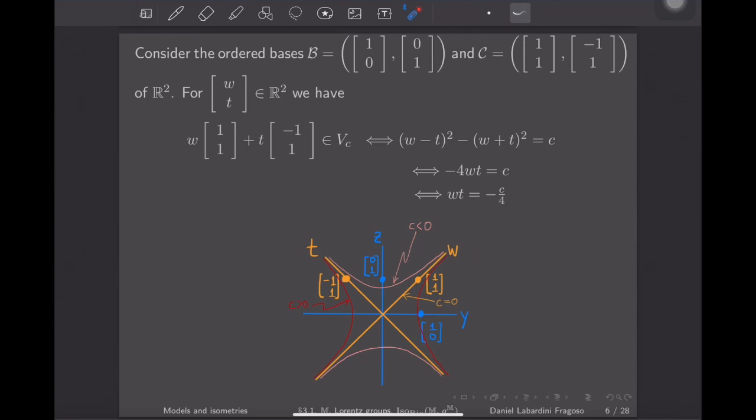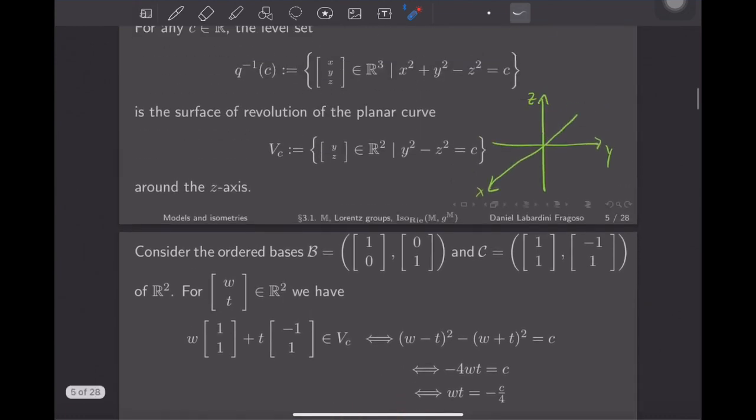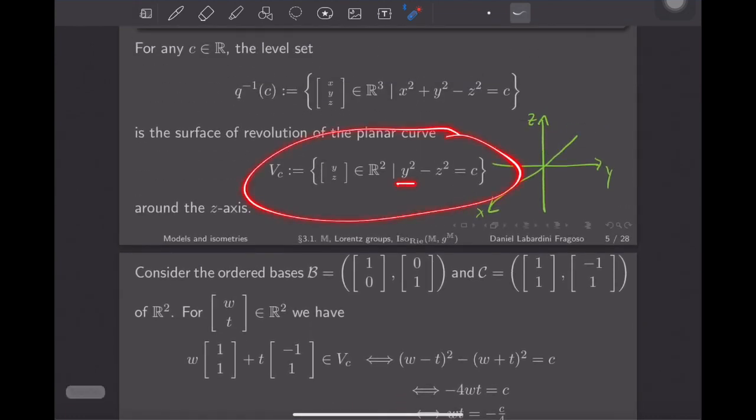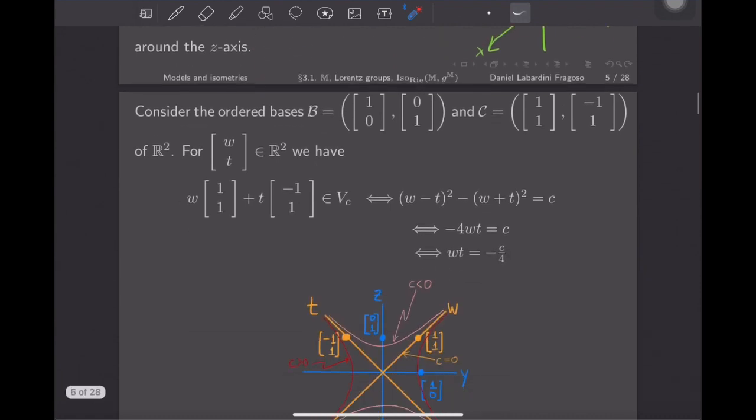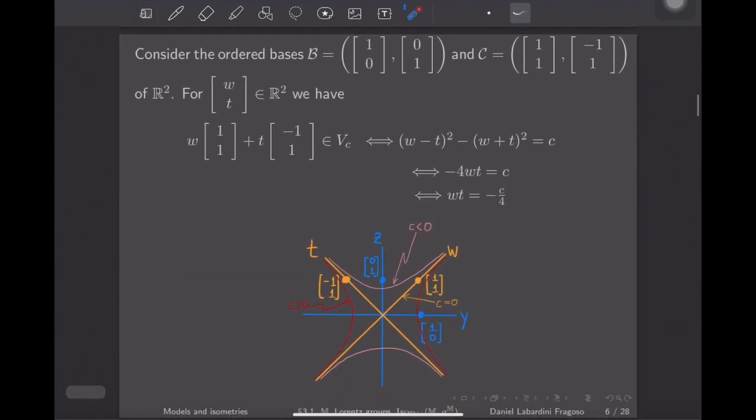Yeah, and this is to first draw these level sets in the YZ plane. So I consider this basis of the YZ plane and this other basis, which is slightly rotated, right? I mean, this basis is (1, 1) and (1, -1).